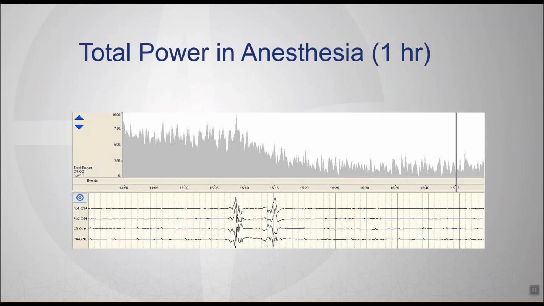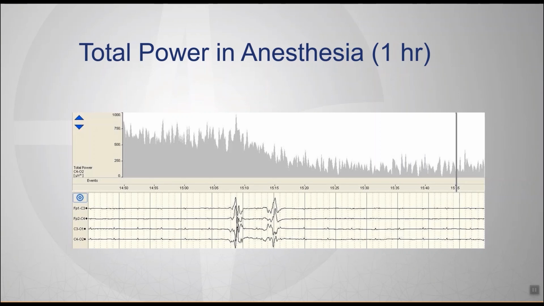So we have total power in anesthesia. In the upper half of the image, what you're seeing are all of those bars stacked together over the period of an hour. In the lower corner, you're seeing the EEG that's associated with where that cursor is in the trend. So if you look at the early part of the trend, in the first 20 minutes, you have a fairly active EEG, a lot of power in that EEG, and as we get past 1510 to 1515 and 1520, you see that power significantly decreases.